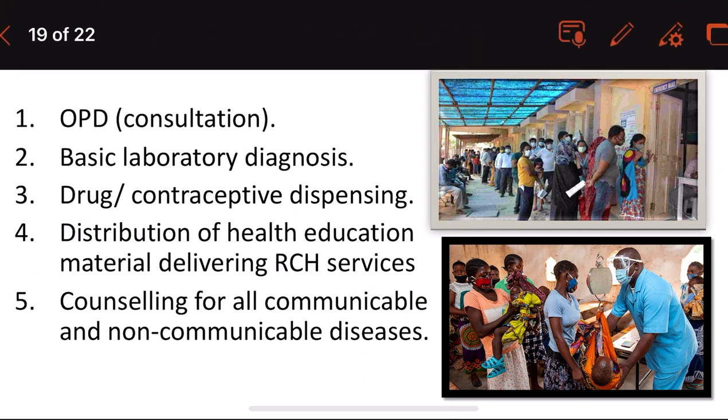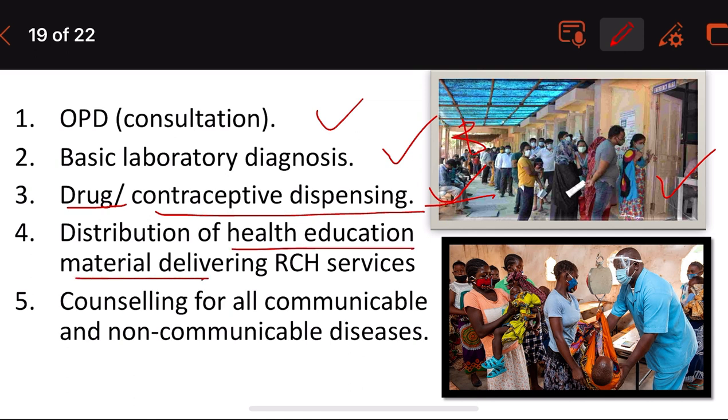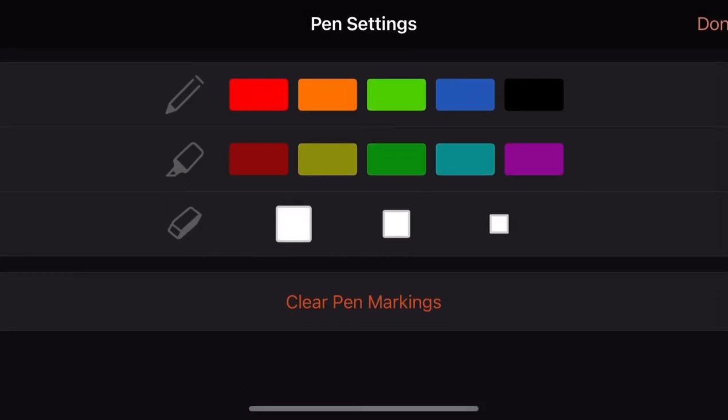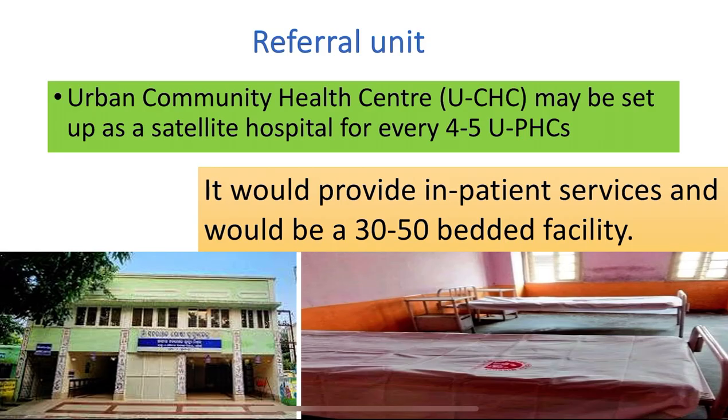So the first thing is OPD consultation and basic lab diagnosis like the basic blood test, and then drug and contraceptive dispensing. They will also provide free drugs and contraceptives, give health education material, deliver the reproductive and child health services, and provide counseling for all the communicable and non-communicable diseases.